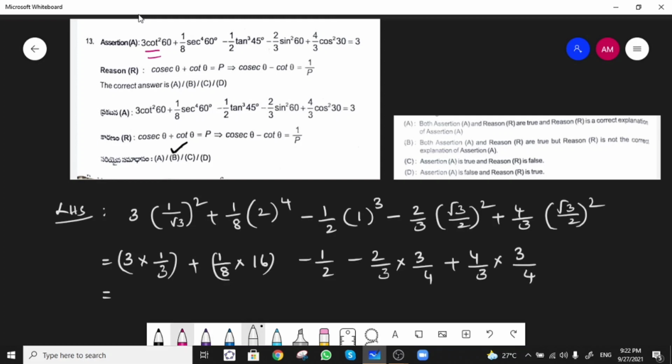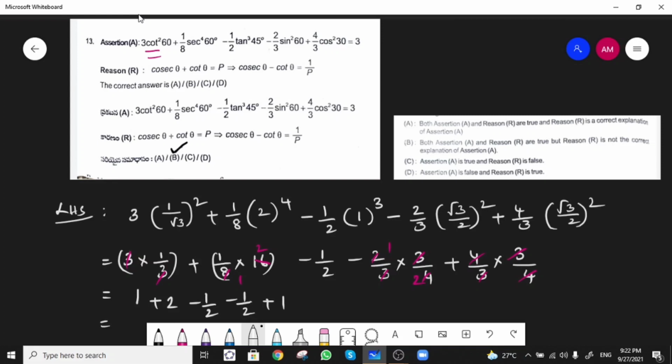So this is equal to, 3 gets cancelled, 8 ones, 8 twos, 3 gets cancelled, 2 ones, 2 twos, 3 gets cancelled, 4 gets cancelled. So what is remaining? 1 plus 2 minus 1 by 2 minus 1 by 2 plus 1.